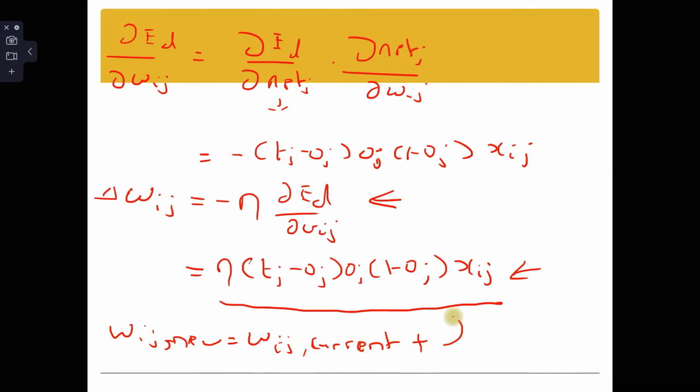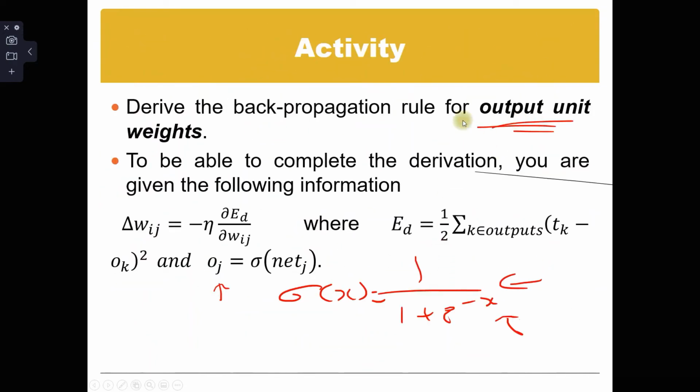Plus a change in wij, which is negative eta del ed by del wij, which is this rule here.